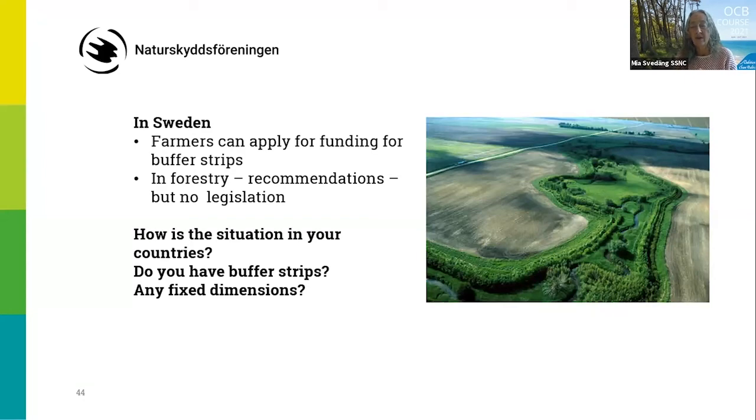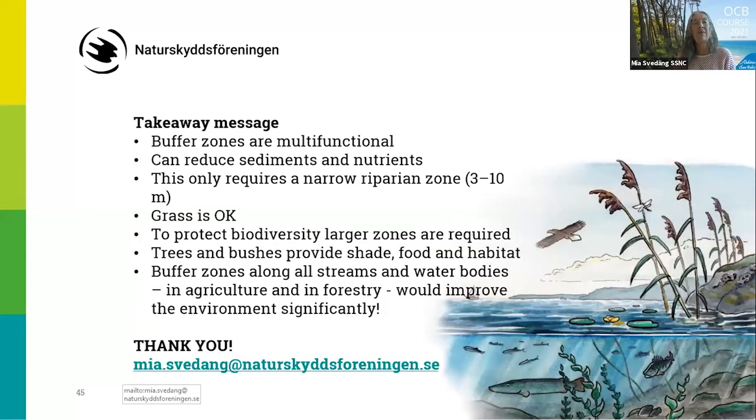enhance the biodiversity. So my takeaway messages are that buffer zones are multifunctional, so they can serve you with lots of different ecosystem services. They can reduce sediments and nutrients, and this only requires a quite narrow riparian zone, 3 to 10 meters or something like that.